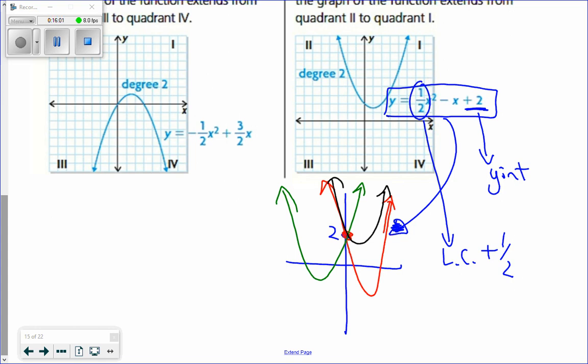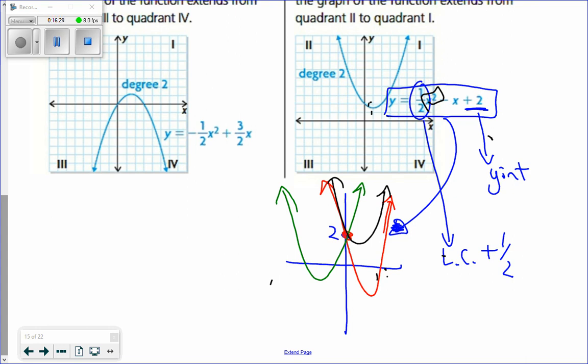It doesn't matter because they're all smiles. So I can draw a somewhat reasonable approximation by knowing y-intercept, leading coefficient, and number of arms. Because it's a square, it's got to be a smile or a frown. So it's just 2 arms.